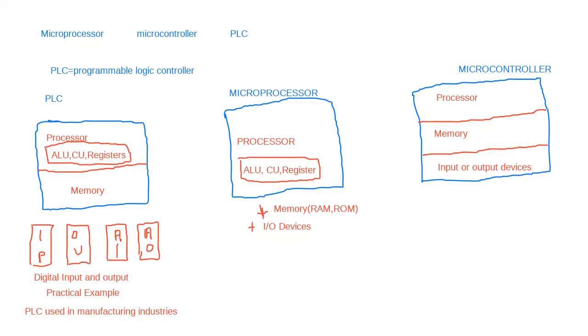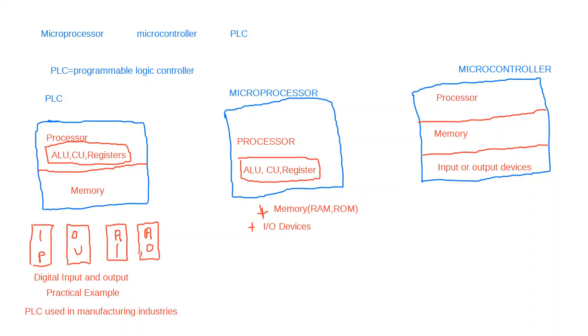So you can see what is the actual difference in all the three, students. PLC, programmable logic controller, is an electronic device in which processor and memory are inbuilt, but other devices such as analog and digital input and output are the external things.